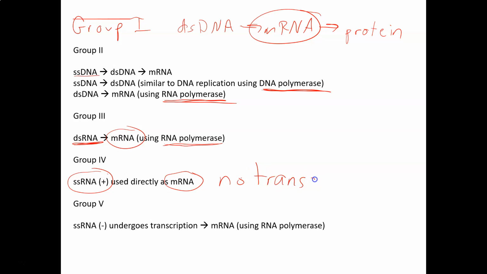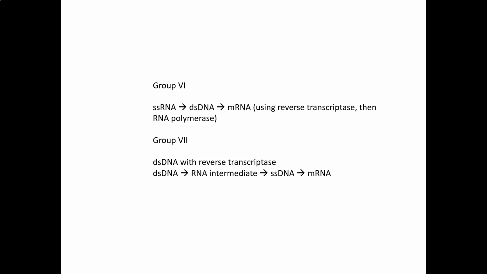That step is skipped. But if the molecule is single-stranded RNA negative, it undergoes transcription, producing messenger RNA using RNA polymerase, and then of course the messenger RNA is used to produce the protein.